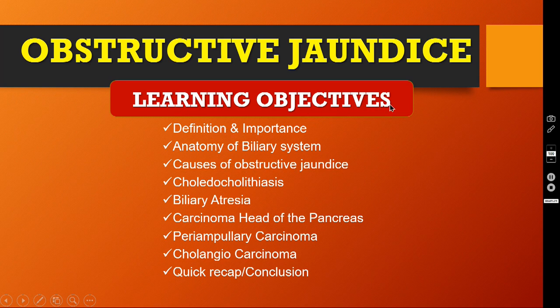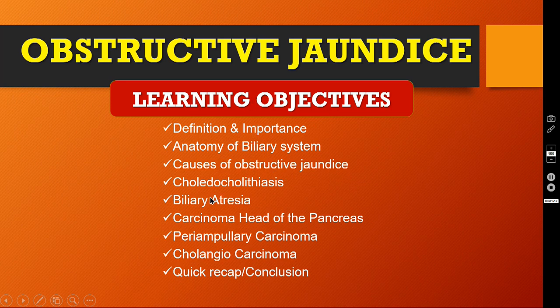After watching this presentation, all of you should be able to define what obstructive jaundice is and realize its importance. You should also know the anatomy of the biliary system and the various causes of obstructive jaundice.